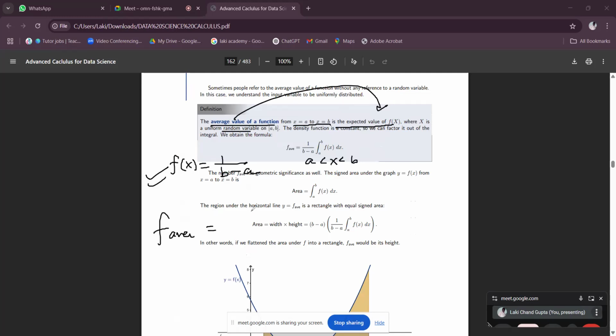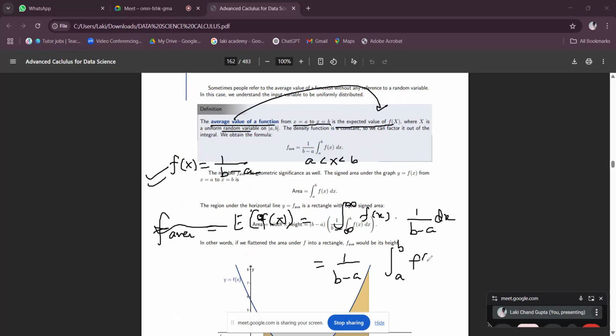it becomes what? It means that you are finding E of f(x), where f(x) is any other function. So you can write, let's suppose, the integral from a to b of f(x) times the PDF 1 upon b minus a.